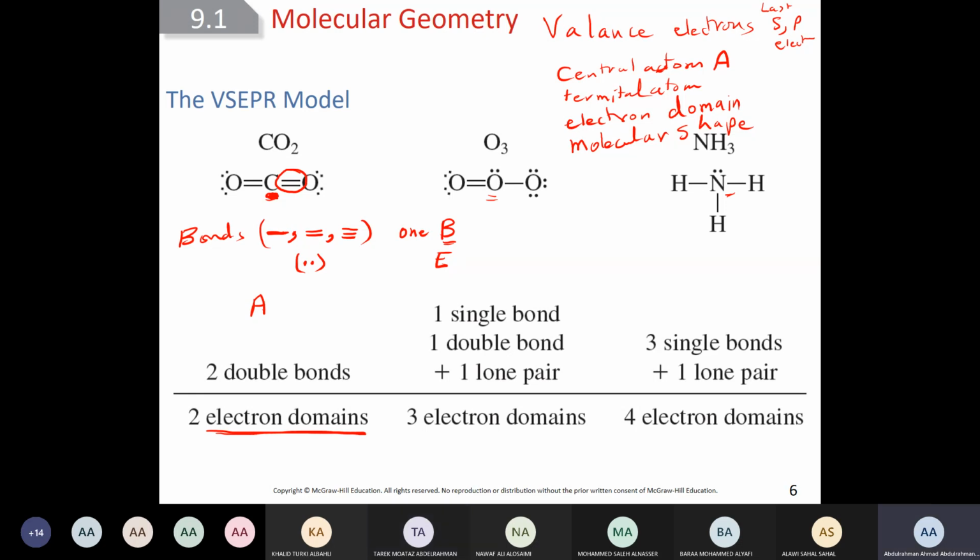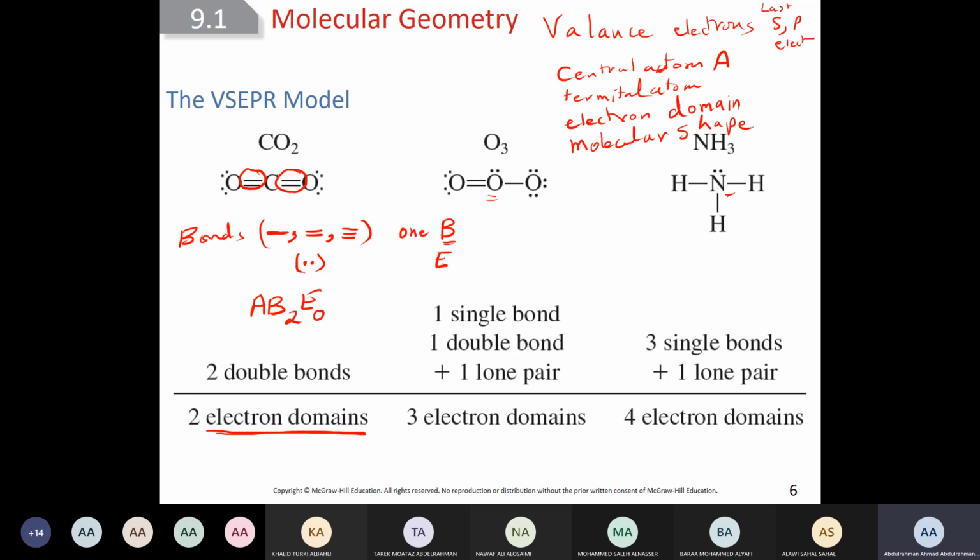A double bond, or triple bond, or single bond is also B. And this one is also B. So I will write AB2. And then how many electron pairs around the carbon? Nothing. That's why I will write E0.